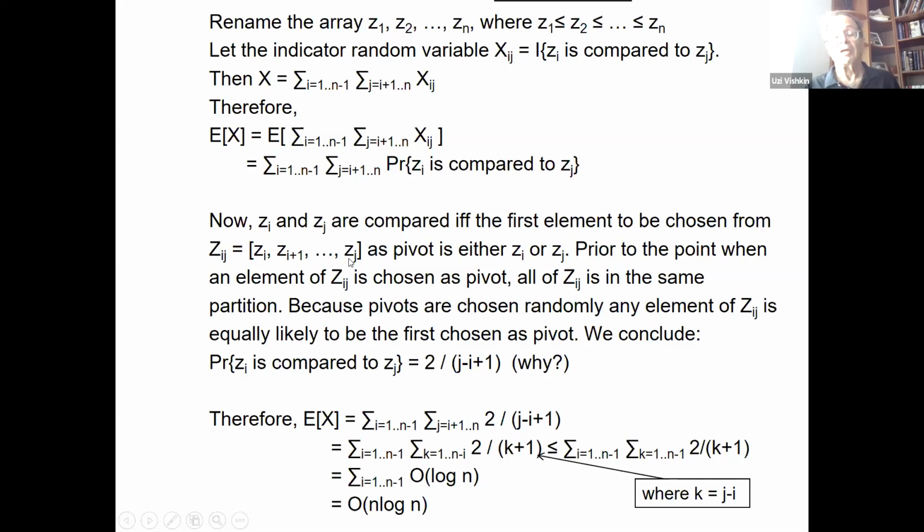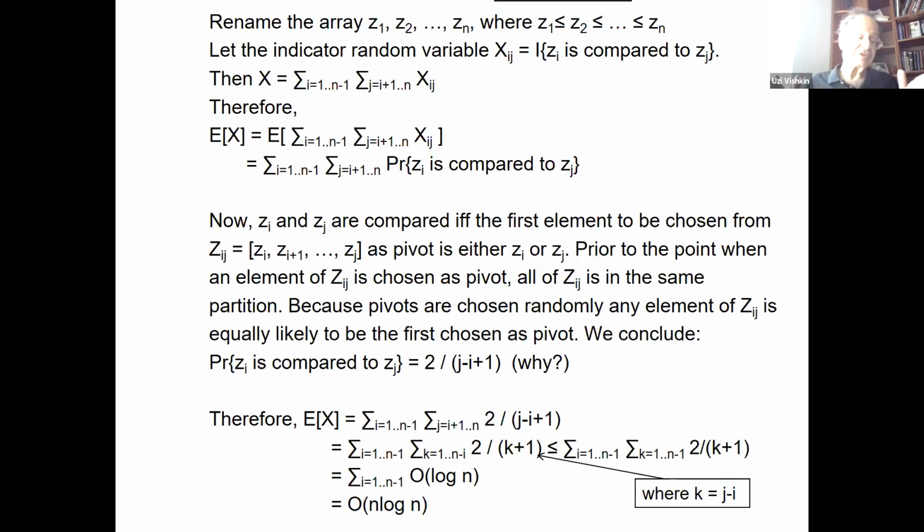Okay? Now, here is a very simple observation. Either Zi is compared to Zj, or there is some element between them that is chosen before them in the choice of pivots.